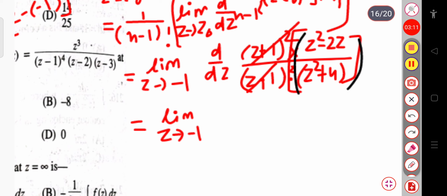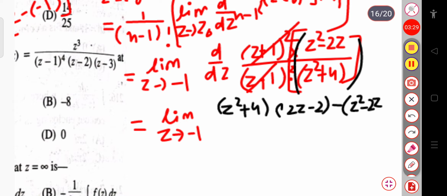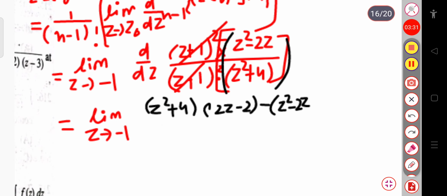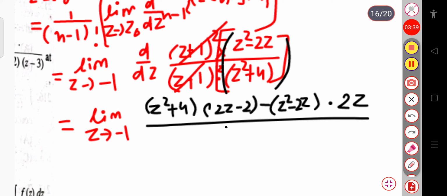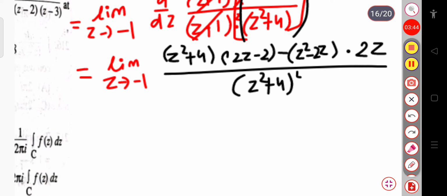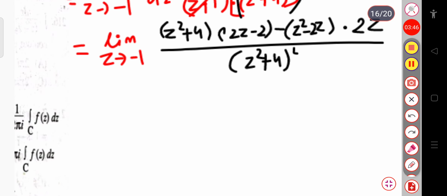If you calculate the derivative, using the u by v formula, this will be (z square plus 4) into the derivative of z square minus 2z, that is 2z minus 2, minus the first term (z square minus 2z) into the derivative of z square plus 4, that is 2z, divided by (z square plus 4) whole square.